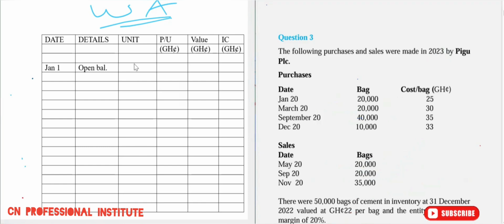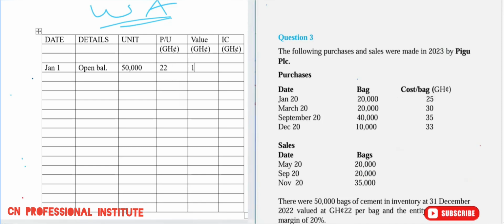So opening balance, we had 50,000 units. Per unit price is 22.